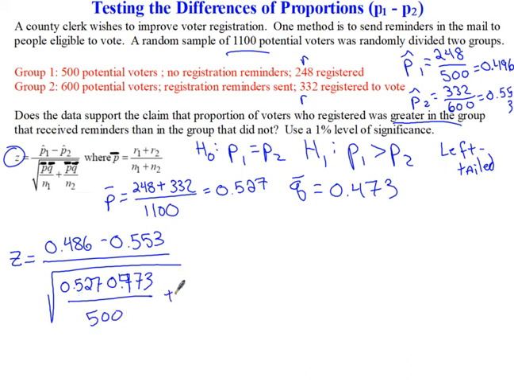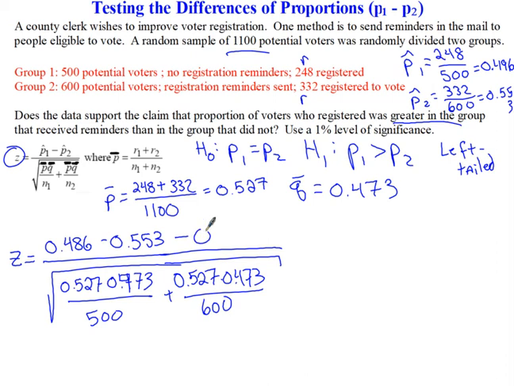Okay, I'm going to run out of room, so I'm just going to extend my fraction. It's going to be the same products up above, but now over the 600. Okay, and again, we're going to subtract the difference of the means, which is going to work out to be 0 anyway. So on the numerator, 0.496.